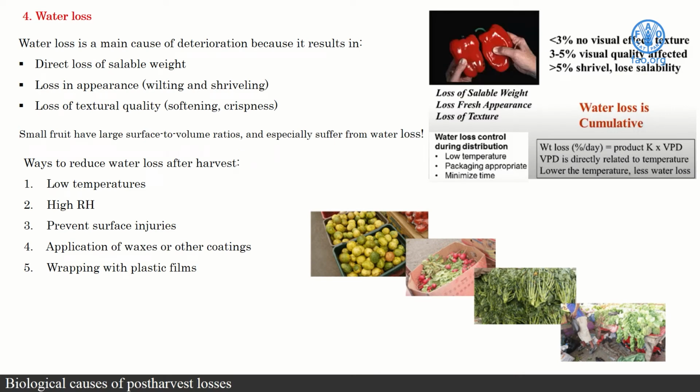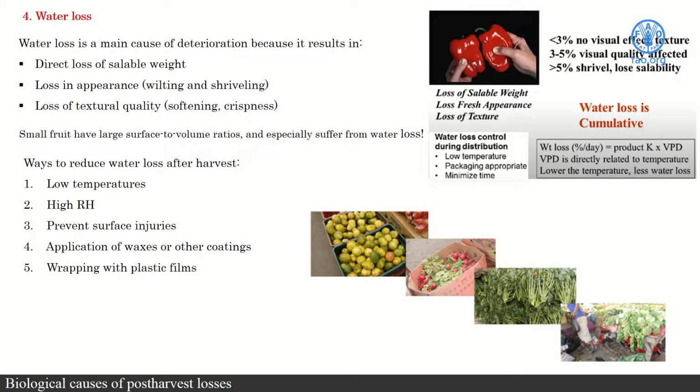The fourth biological cause of post-harvest losses is water loss. Water loss is a main cause of deterioration because it results in direct loss of sellable weight, loss in appearance such as wilting and shriveling, and loss of textural quality including softness and crispiness.